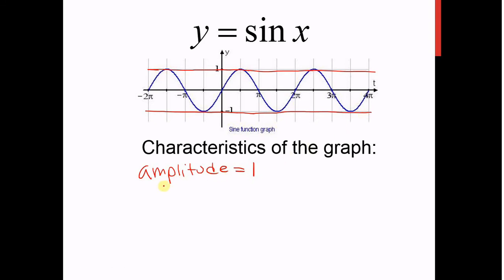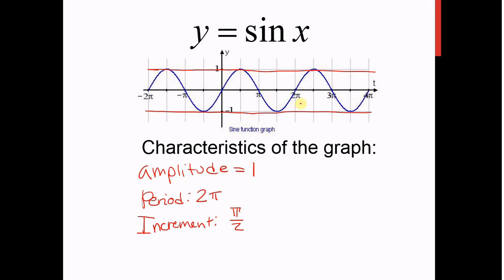Its period, how long it takes to repeat itself, is 2 pi radians, or 360 degrees. And you saw that when you did your spaghetti lab. The increment, or how much you're going to do each time, is pi over 2. Which makes sense, right? If I go pi over 2, pi, 3 pi over 2, 2 pi, you need to break it up into fourths. That's pretty much what we're doing.